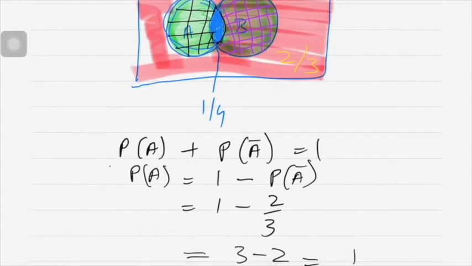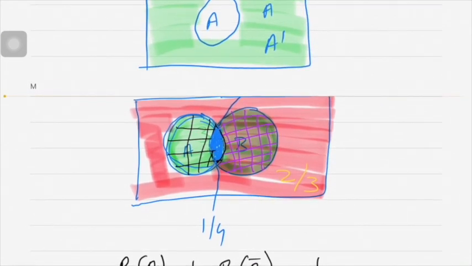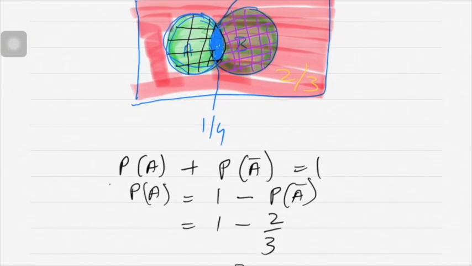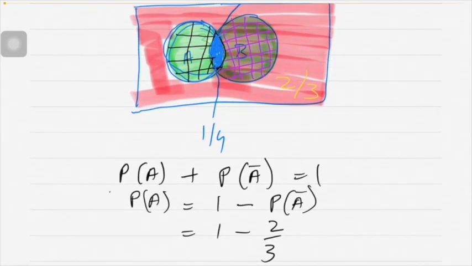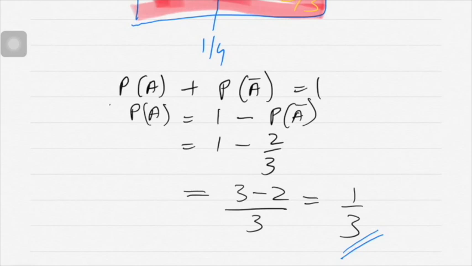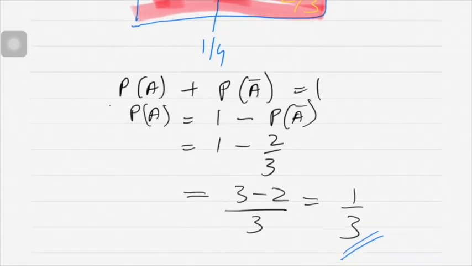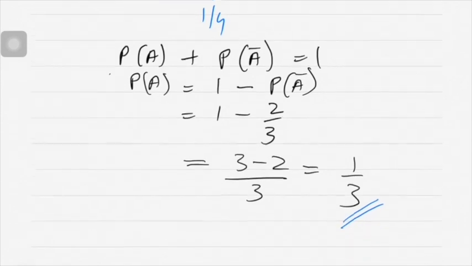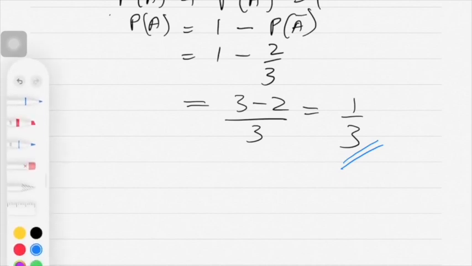You know A union B is given as 3 by 4. Out of that, A is 1 by 3. So can you all find out P of A dash intersection B?